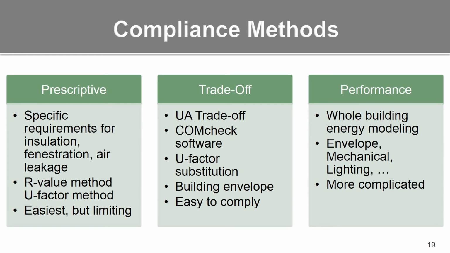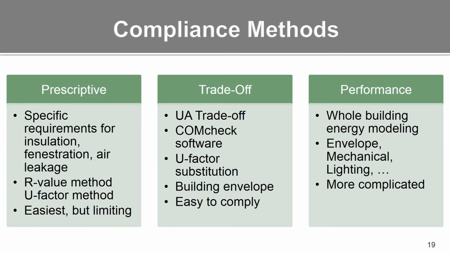You may want to investigate putting less insulation into the roof or the wall. Or vice versa, you may want to put less insulation in the wall and more in the roof. However, that is becoming more challenging to do with the latest energy codes because of the amount of insulation or the U factor that is required. So in part 4, we'll get into the trade-off method.